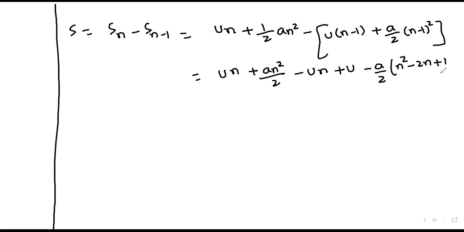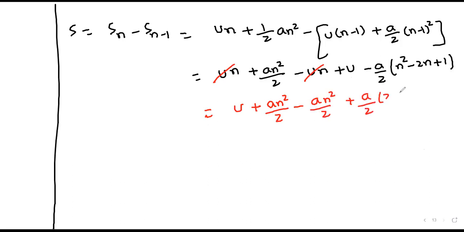Is it right? So here we'll have u plus a n square by 2 minus a n square by 2 plus a by 2 times 2n minus a by 2.